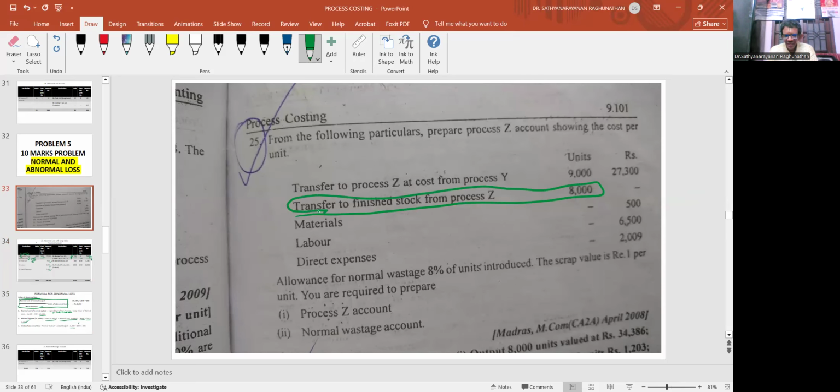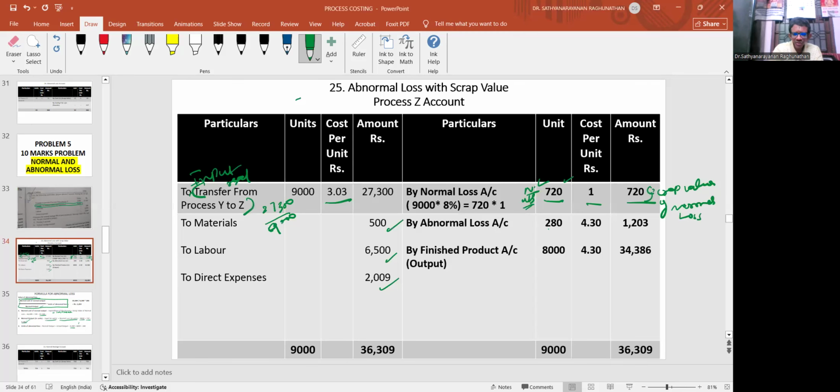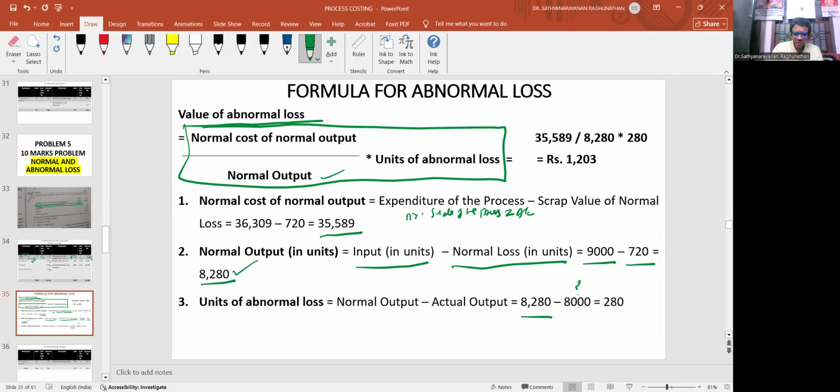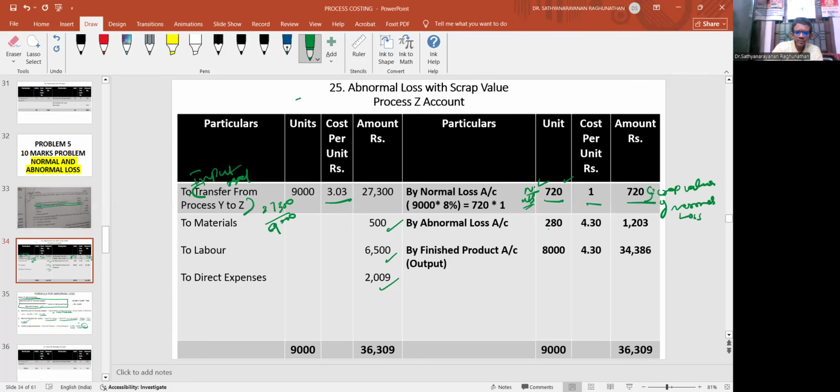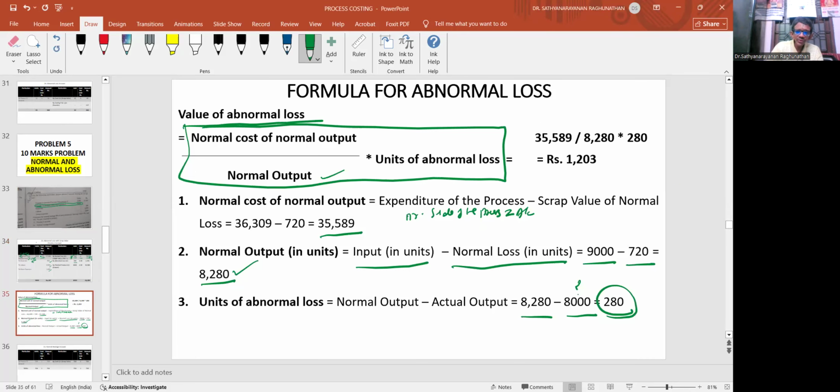This is the actual output. So 8,280 minus 8,000, you'll be arriving at 280 units of abnormal loss. Now by abnormal loss account in units column, 280, and then the value of abnormal loss you have to calculate.